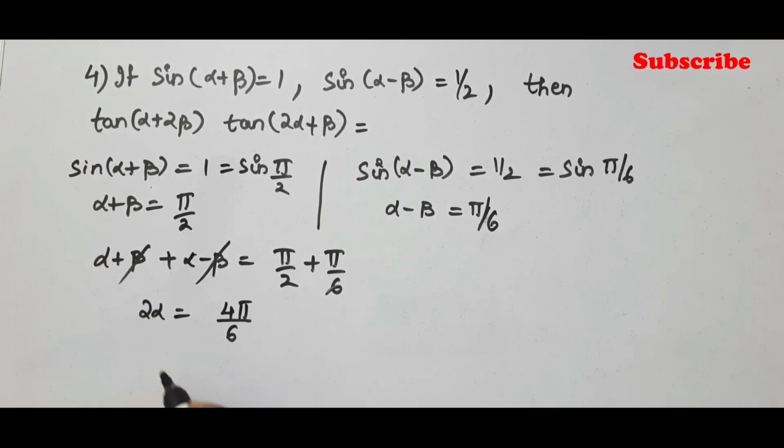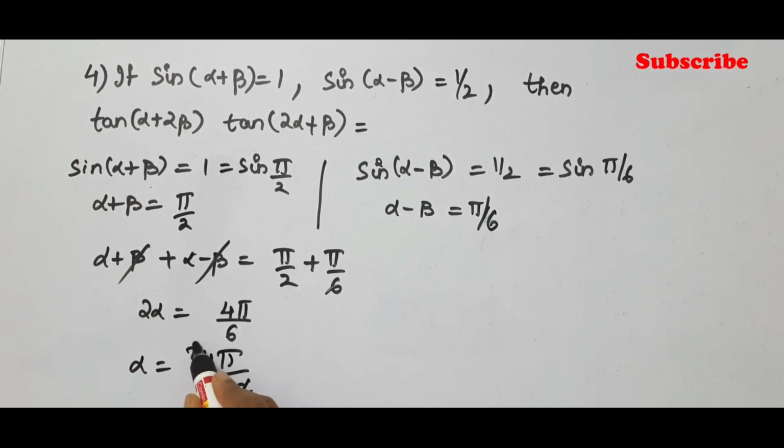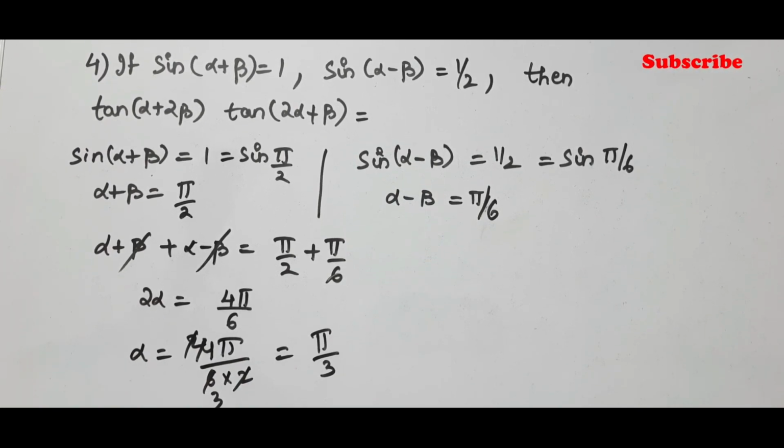So finally we will get alpha is equal to 4 pi by 6 into 2, which simplifies to pi by 3. Okay, this is the value of alpha.